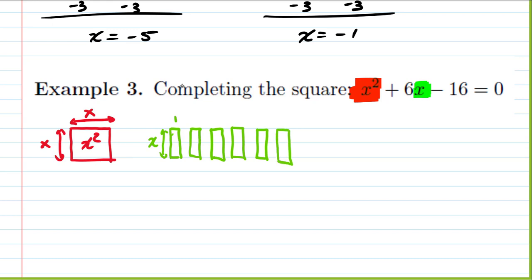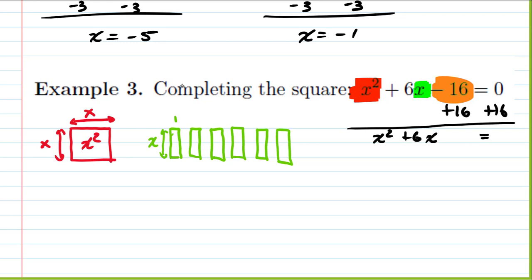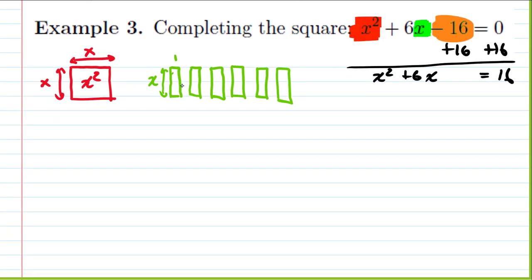And the constants we're not going to worry about, and in fact we're going to take our equation out of standard form by adding the 16 to the other side. And we'll see why in a minute. So we now have our x squared plus 6x, and the goal of completing the square is to literally build the largest square using those pieces that is possible.